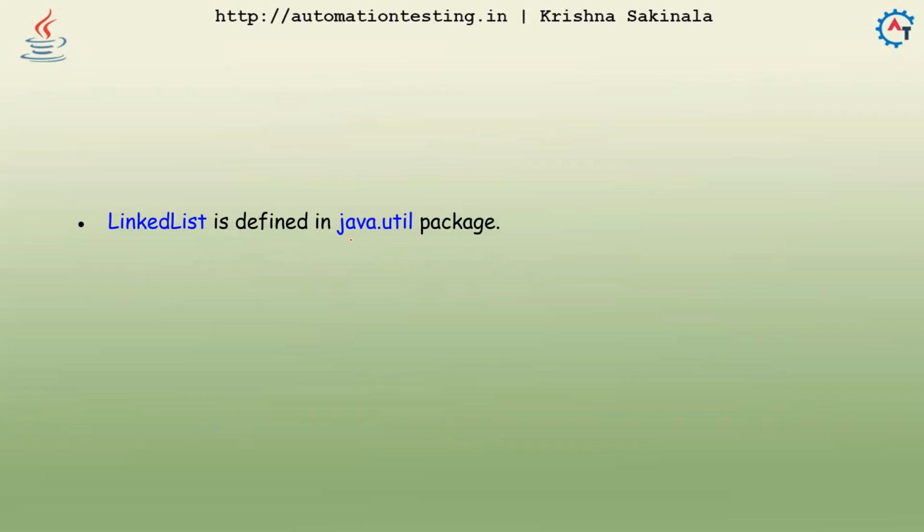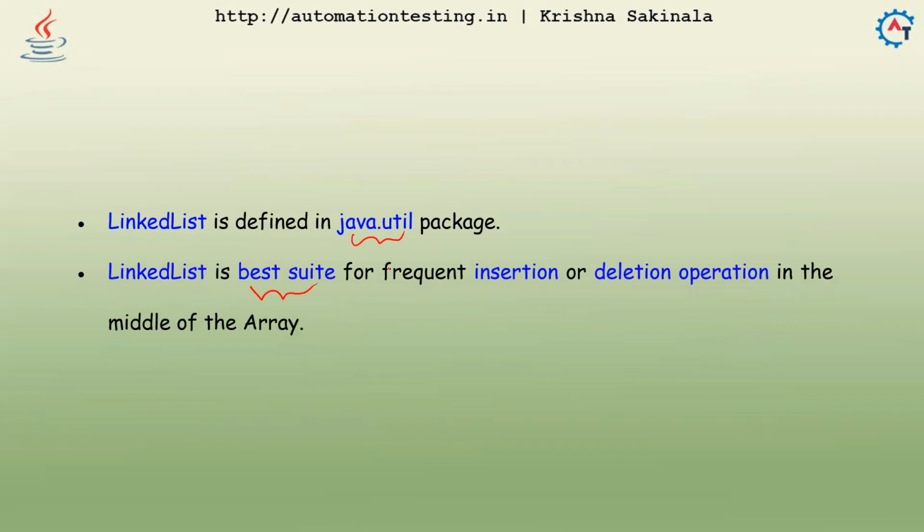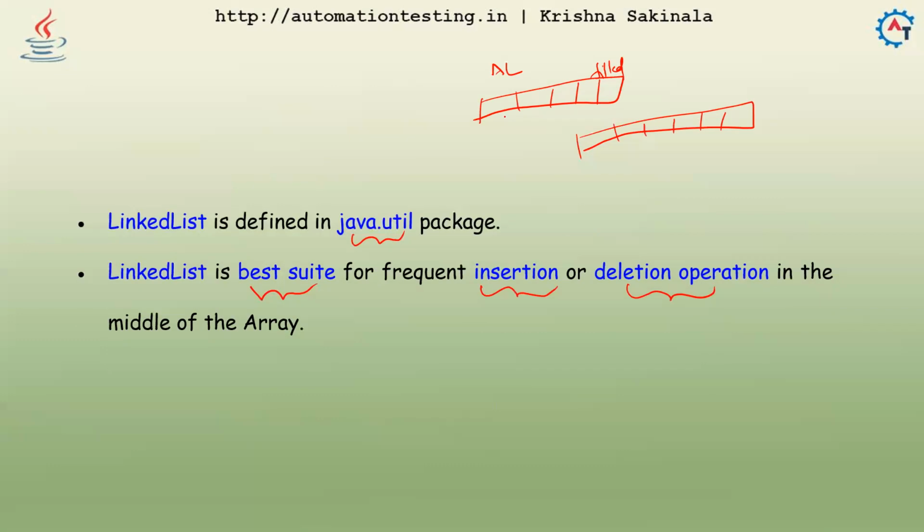Linked list is defined in which package? The java.util package. Almost all the collections will be in the java.util package only. Linked list is best suited for frequent insertion or deletion operations. In our previous video, we have seen array list. If you filled everything, it will create another bigger array list with some rule or formula, and everything will be copied from here to there, and the old one will be removed.